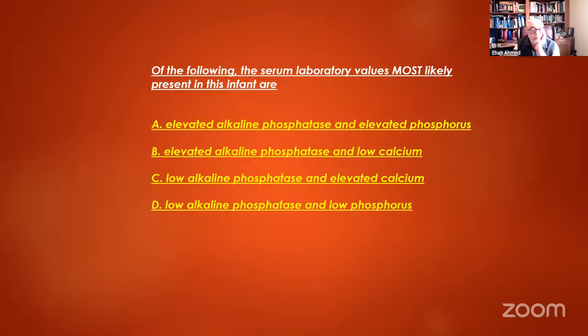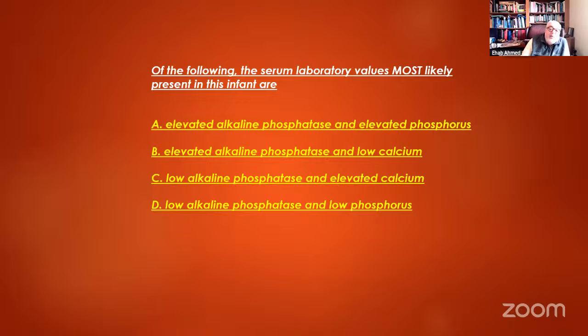So most of you went between C and D. So C, low alkaline phosphatase, so the enzyme alkaline phosphatase is low and the calcium is high. And the second choice of you was low alkaline phosphatase and low phosphorus. So in hypophosphatasia, what happens?